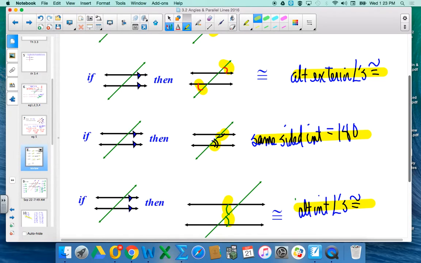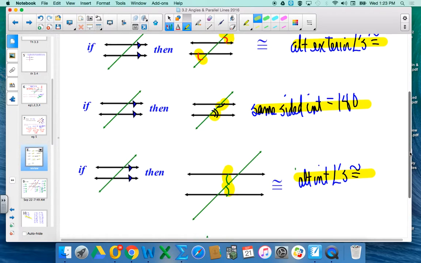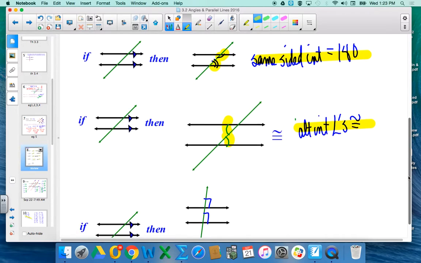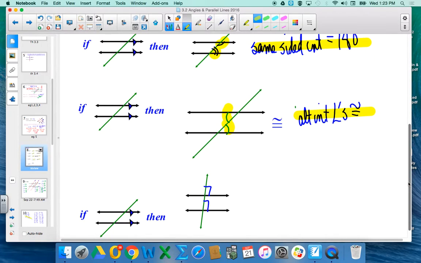So corresponding angles are congruent, alternate exterior angles are congruent, alternate interior angles are congruent. Only same-sided interior angles equal 180 degrees, but the lines have to be parallel. And lastly, if the lines are parallel and the transversal is perpendicular to one line, it is perpendicular to the other.